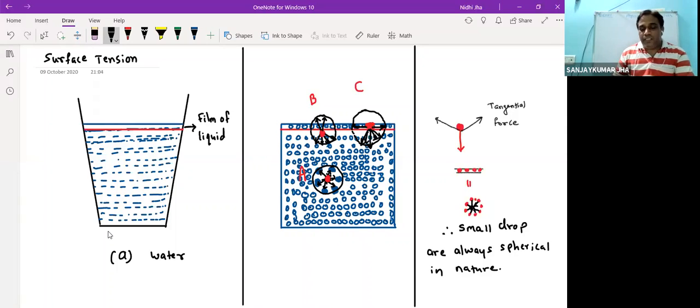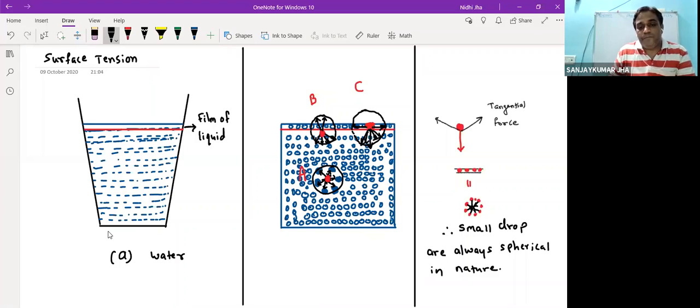Now, if you take molecule A, which is well within the liquid, we find that this liquid molecule is surrounded by the same liquid molecules in all possible directions. Therefore, all the molecules exert force on this molecule, and this molecule also exerts force on each and every molecule.